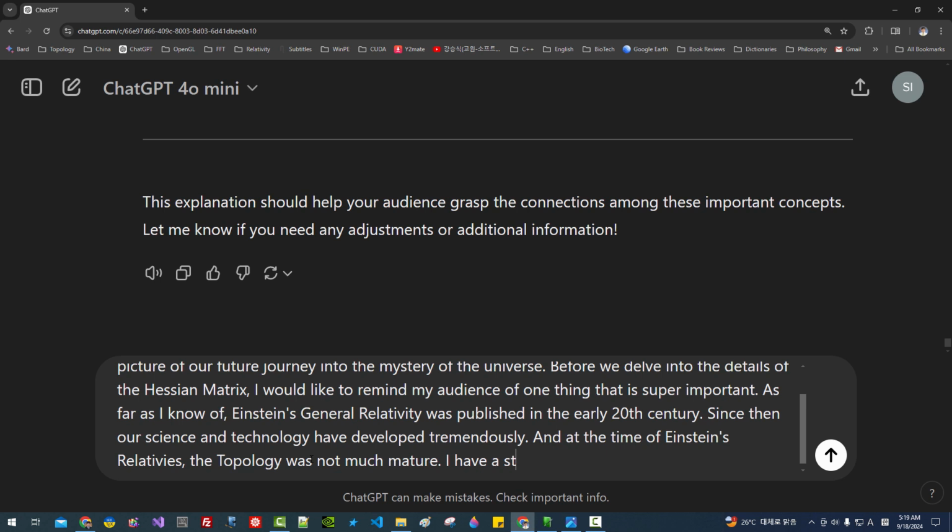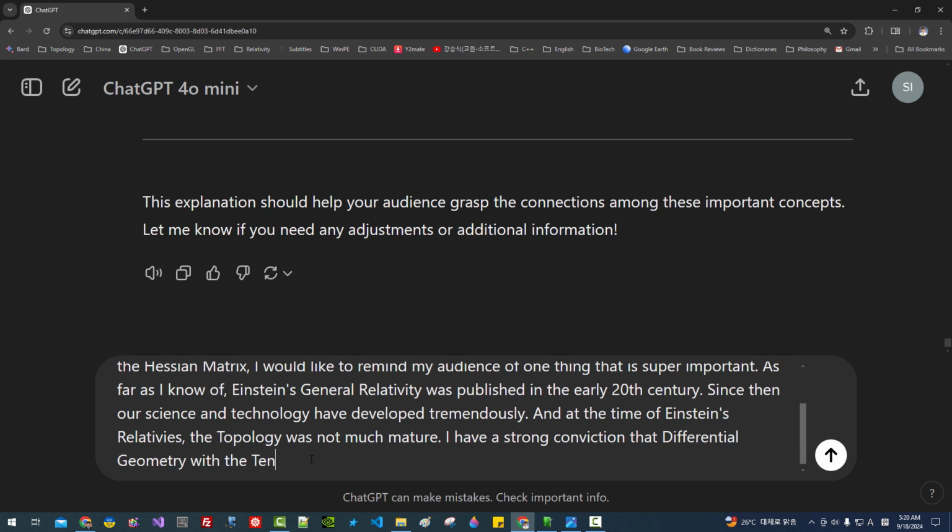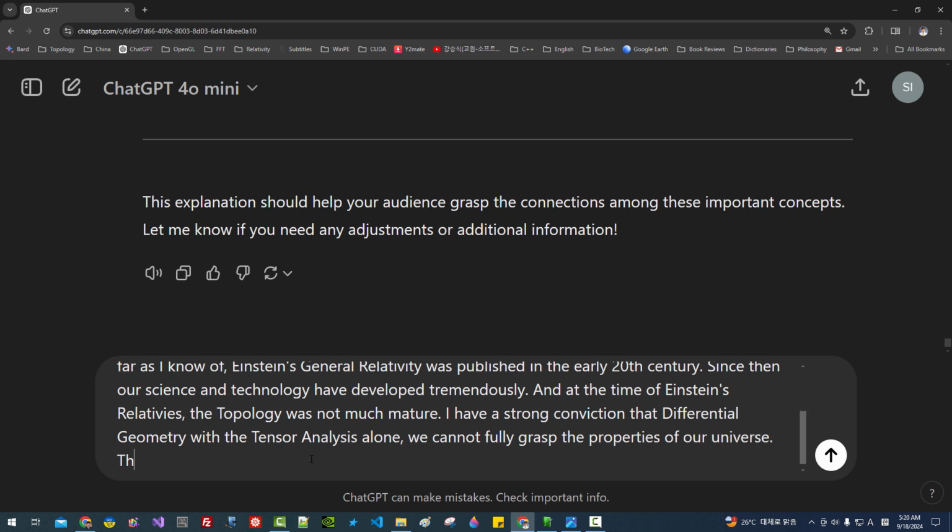I have a strong conviction that with differential geometry and tensor analysis alone, we cannot fully grasp the properties of our universe. The very word differential in differential geometry suggests its limitation.